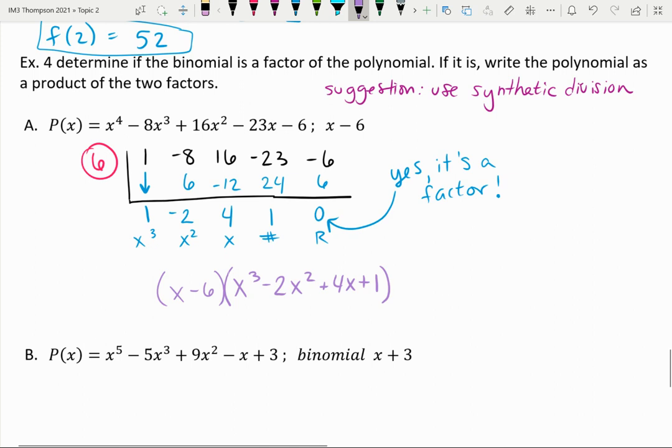So I know that x minus 6 times x cubed minus 2x squared plus 4x plus 1 gives me this. Now you could verify that by multiplying it all out, but I don't really want to. You could. You could multiply all that out and get this.